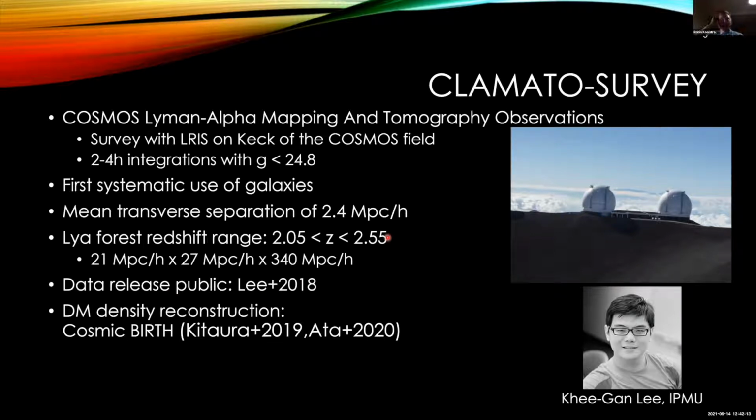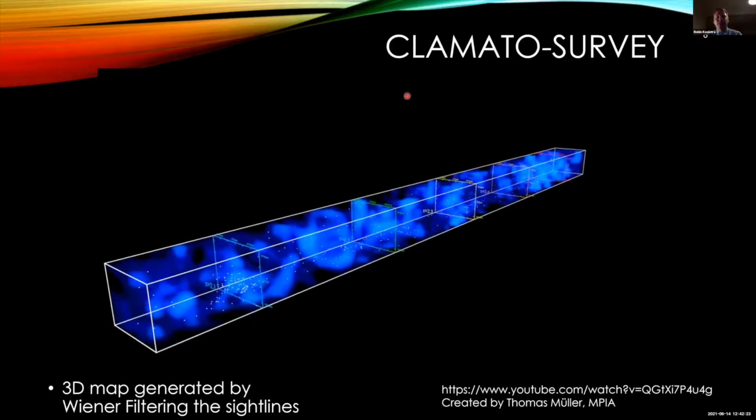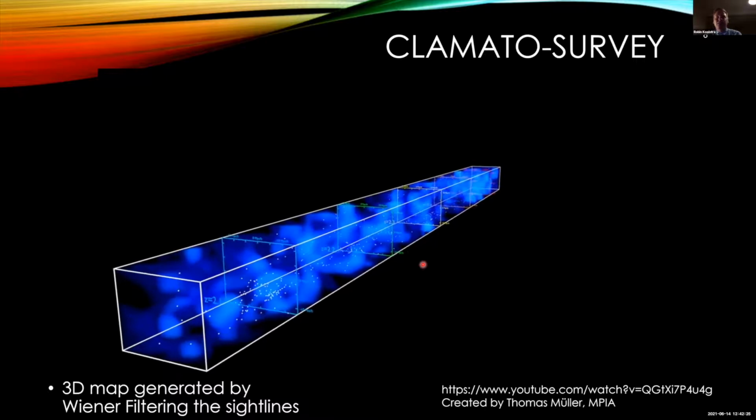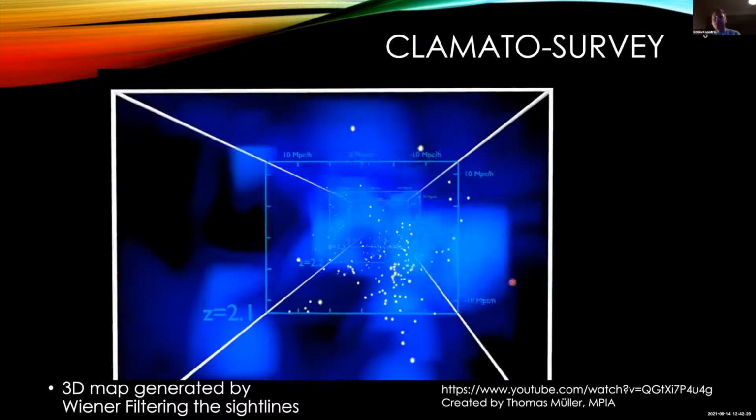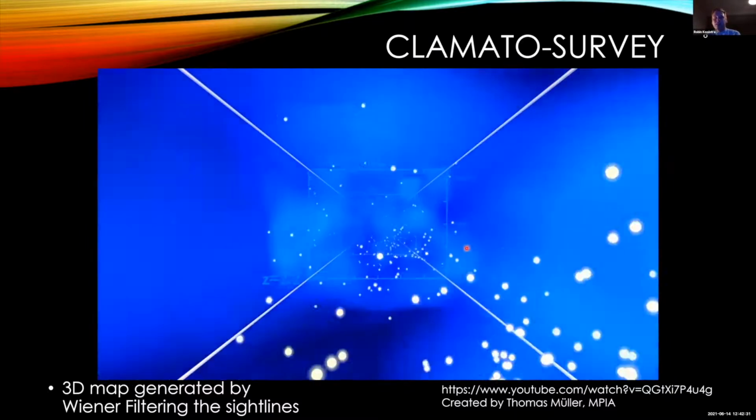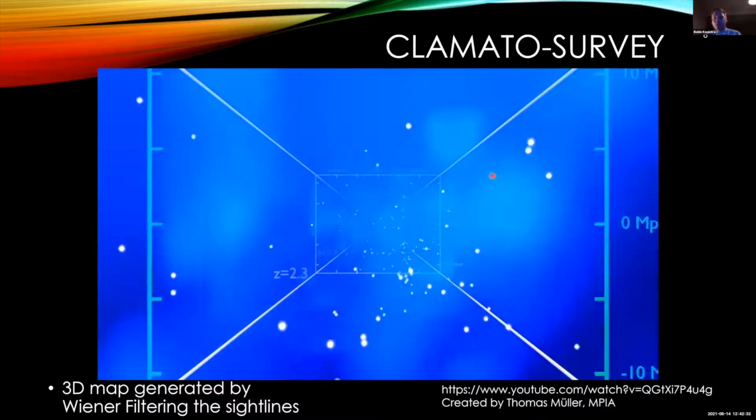One of the nice things, and I'll come back to this a few slides later, is that we now have dark matter density reconstructions of the COSMOS field as well, so we can use that to our advantage. This is the current available data release of the CLAMATO survey. You see the galaxies in the white dots, and in blue is the absorption.